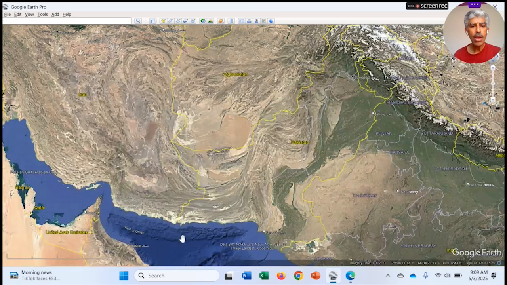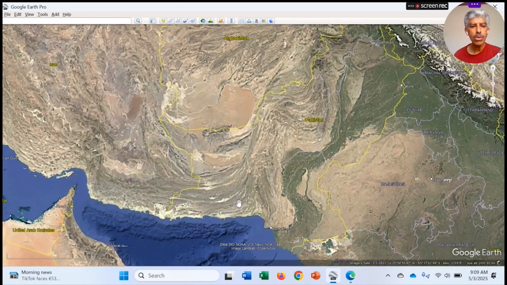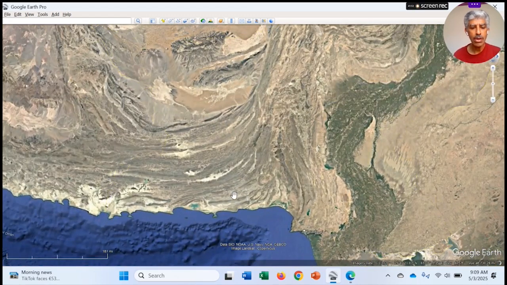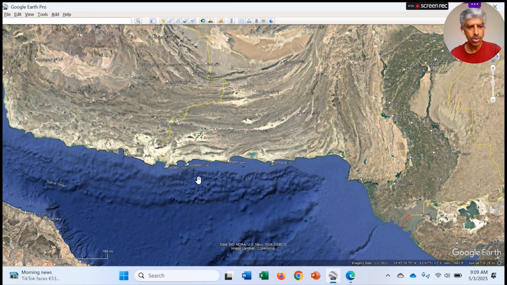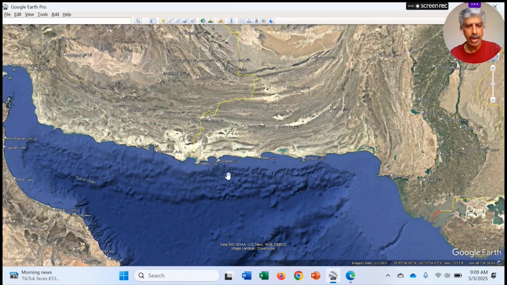So here we are. As I told you, I will not be able to write over here, because this is satellite imagery and you cannot annotate over it, but still I will be able to explain. Here is the yellow line, the border between Pakistan and Iran down in the south, and from this yellow line the coastline of Pakistan starts.